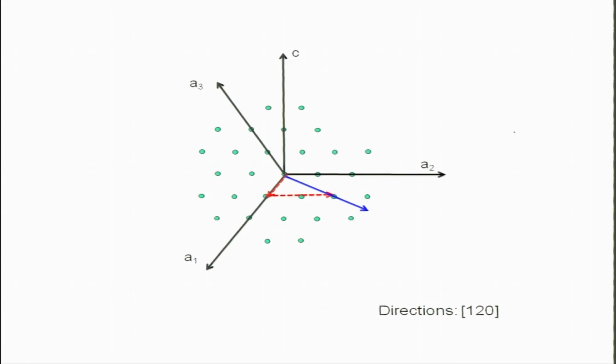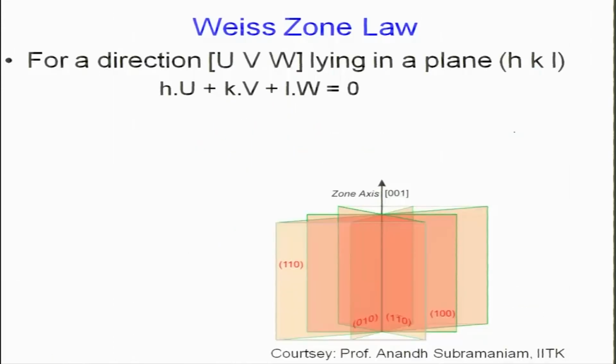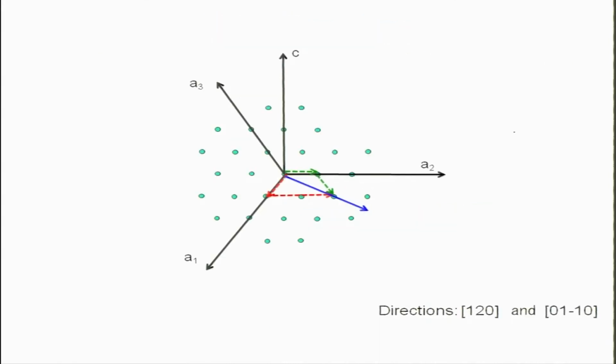Now, what will I do if I want to draw in 4 coordinate system? This is the direction 0 1 bar 1 0. So 1 2 0 can be converted into 0 1 bar 1 0, because you know that capital U is equal to 2u plus v, capital V is equal to 2v plus u.